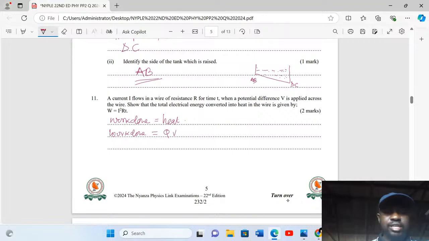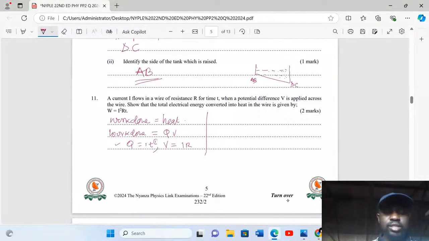Since we are given current in the question, we should substitute and find the mechanism in which we can get Q and get V. Therefore, we can first say Q is given by IT. Then from Ohm's law, V is equal to IR.